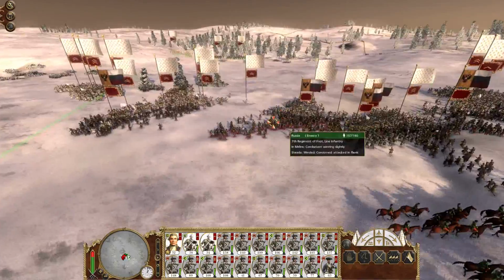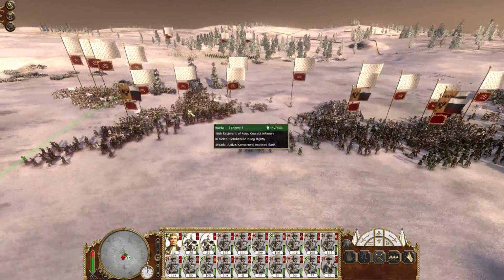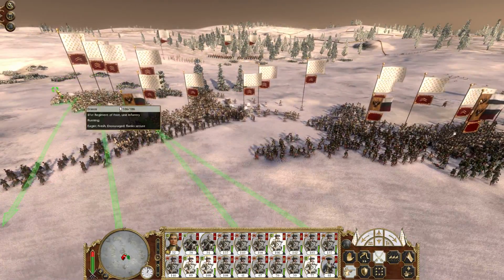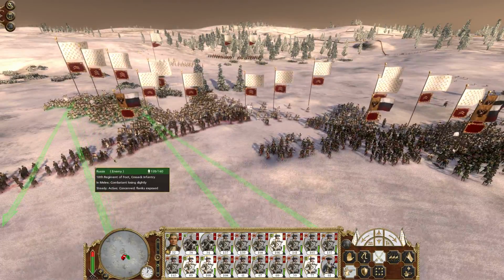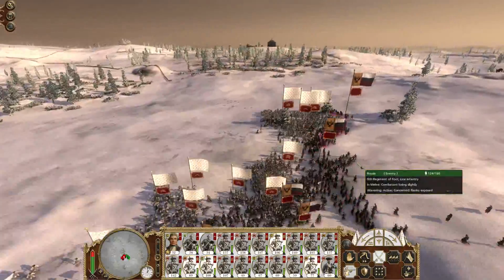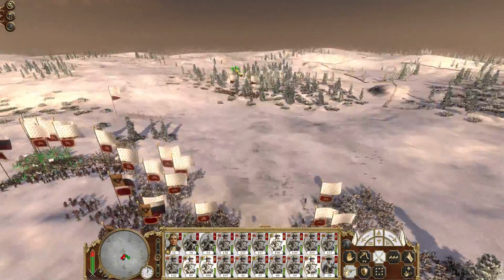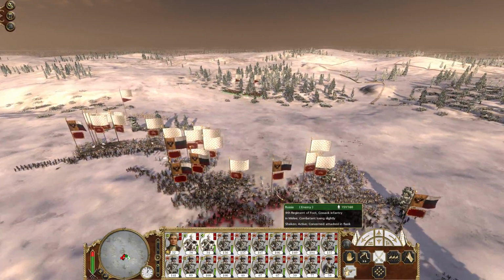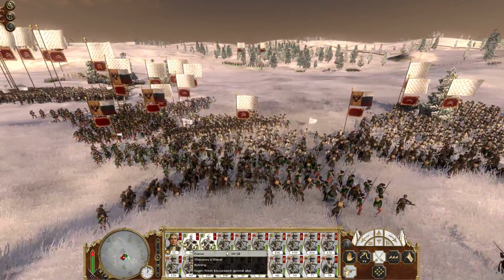Okay, it seems that we certainly have it where we want it. They're going to stop us from flanking here on one side. All in all, we are engaged, and we are certainly engaged where we wish.